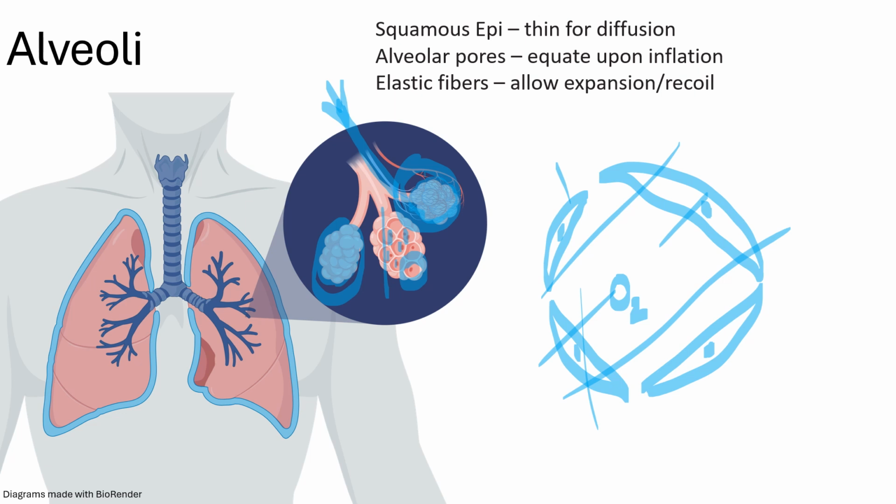And this other vessel here, the red one, is actually a vessel bringing blood away from the alveolus, right? The artery is carrying deoxygenated blood to the area, and the vein is carrying oxygenated blood away.